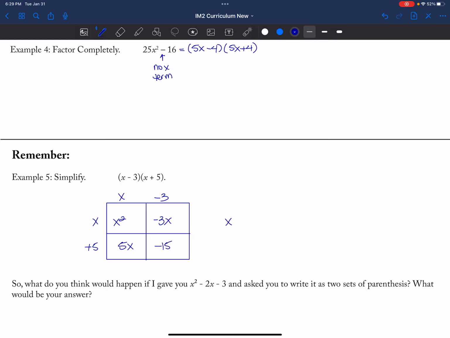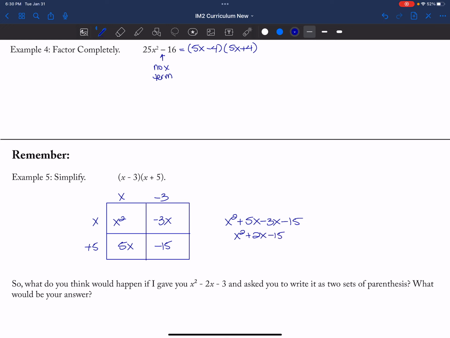So I ended up with x squared plus 5x minus 3x minus 15. What ended up happening is we ended up with a factor by grouping situation, essentially. So I ended up here with x squared plus 2x minus 15.